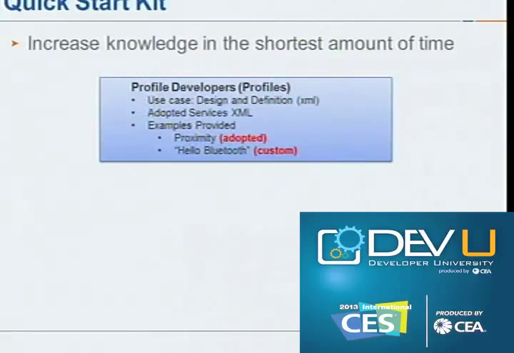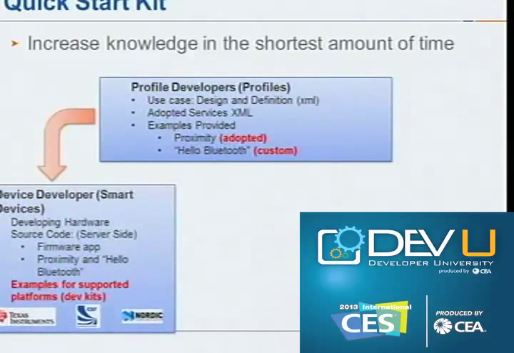It provides examples of adopted services XML that you can use as an example for how you can build a profile for your devices if you're building devices. And we also provide examples using proximity as well as a custom profile for a custom device, which is a Hello Bluetooth type application that you can use for a custom profile.